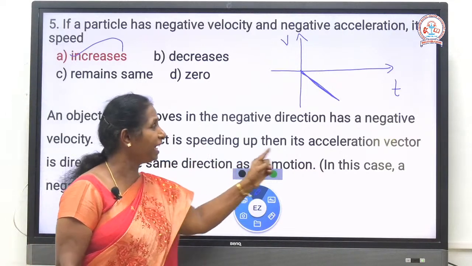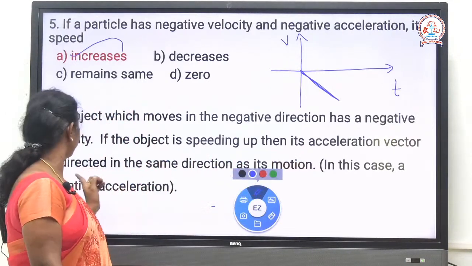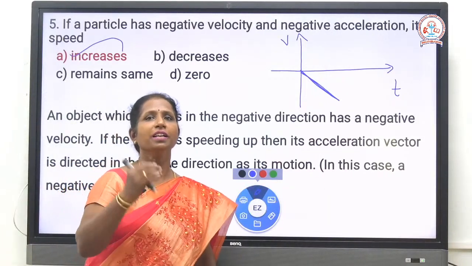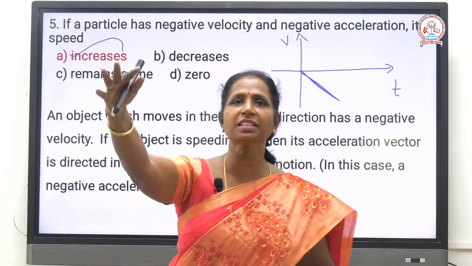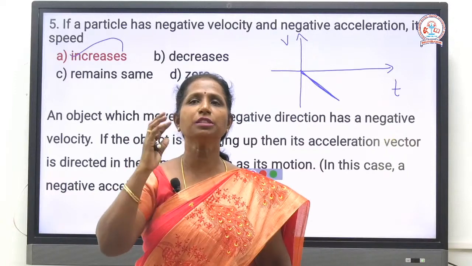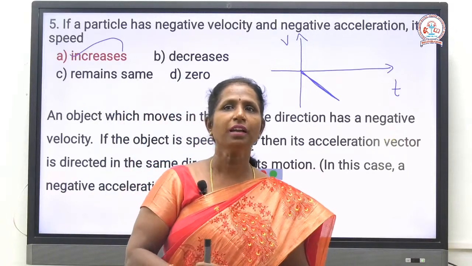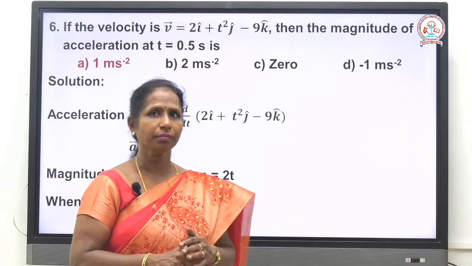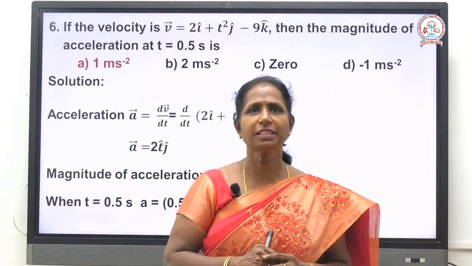If the object is speeding up, then its acceleration vector is directed in the same direction as its motion. So acceleration will be in the same direction as the velocity only if the speed increases. So the option is speed is increasing. Yes, clear?